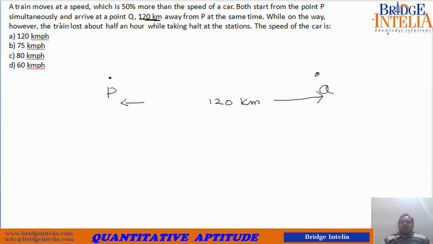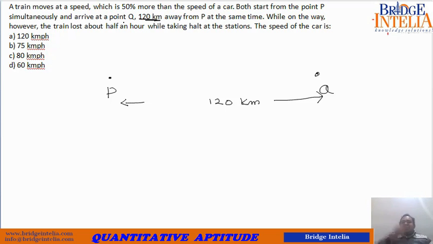Both start from the point P simultaneously. They start together and also reach together. They start simultaneously and arrive at the same time. So they start together, they reach together. How is that possible?